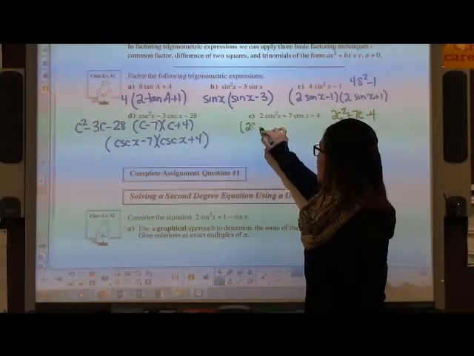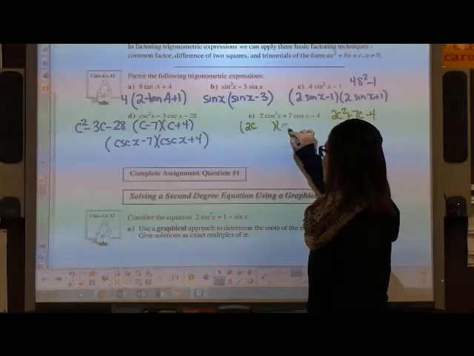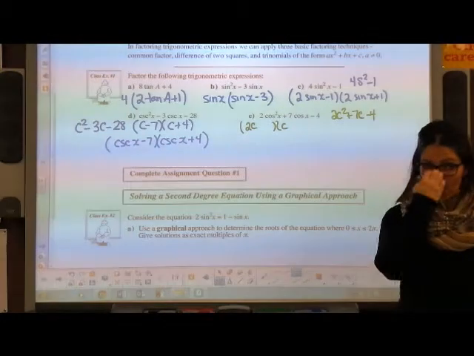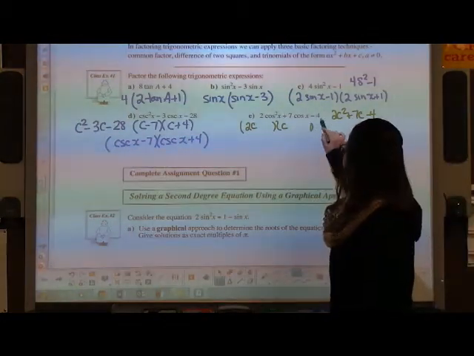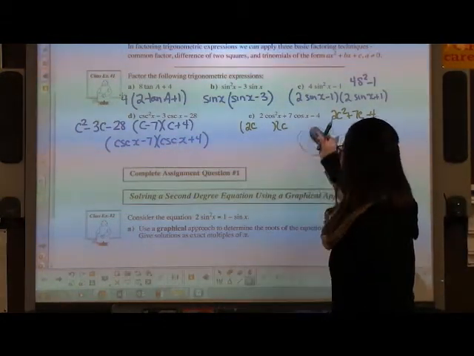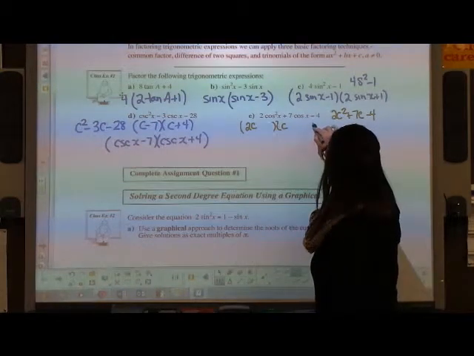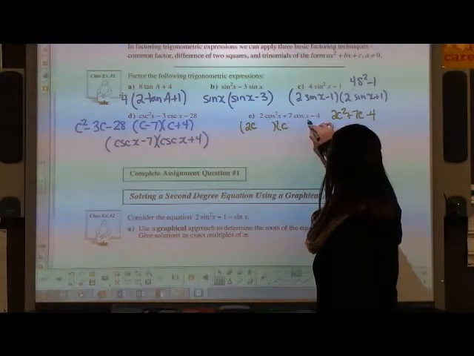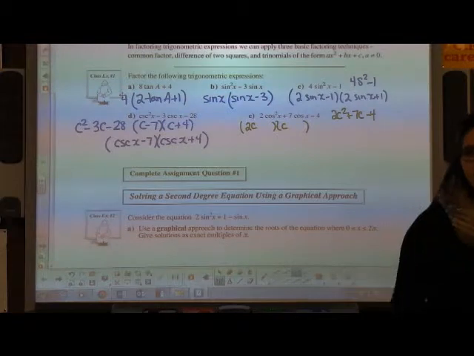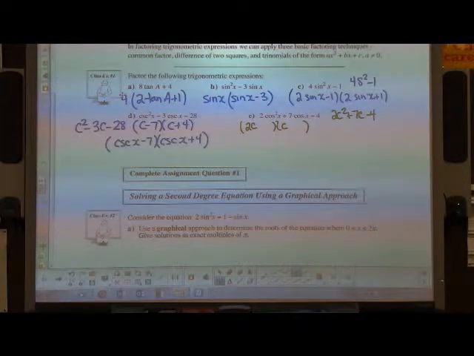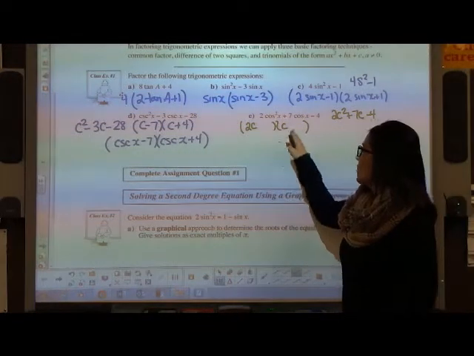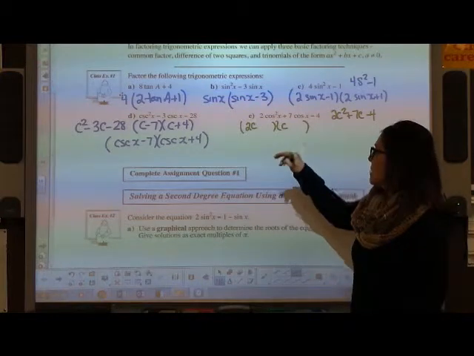The only way I can get 2c squared is to multiply c by 2c. Now I have to get this negative 4. So there's a couple of ways I could get negative 4. I could go 4 times 1, and I could go 2 times 2. I just have to figure out which combination is going to give me 7 in the middle.